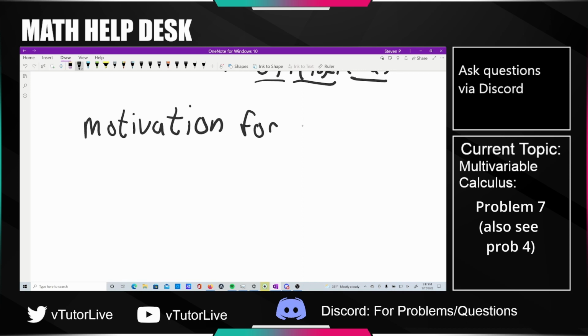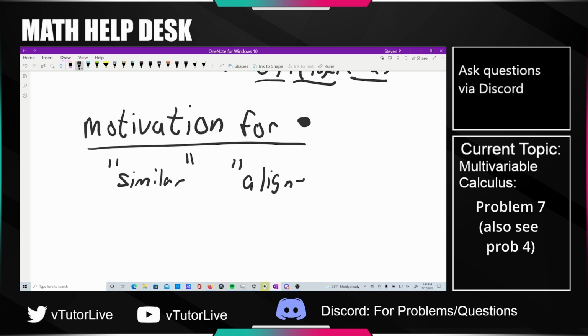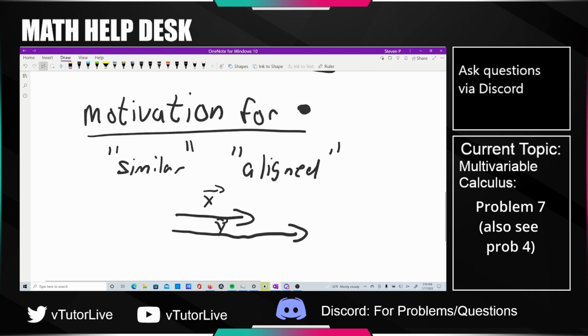But motivation for the dot product: the general idea is it tries to capture a notion of how similar or how aligned two vectors are. So if you have two vectors that are in the exact same direction, parallel, x and y, the dot product is going to be positive, and it's also going to be maximized.